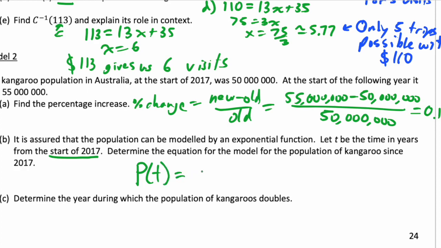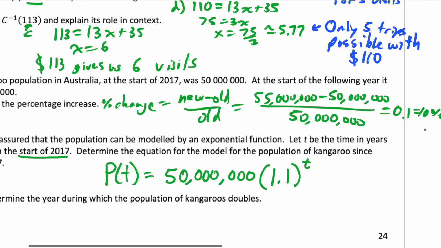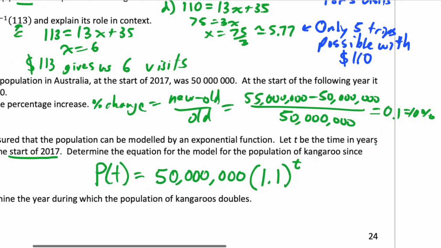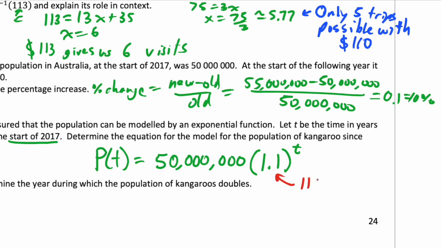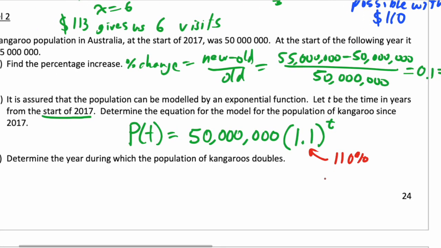P as a function of time is going to be the initial value times 1.1 to the power of t. Okay, 10% is 0.1, but if you want to increase something by 10%, you basically have to do 110%, right? So to increase by 10%, you multiply by 110%.